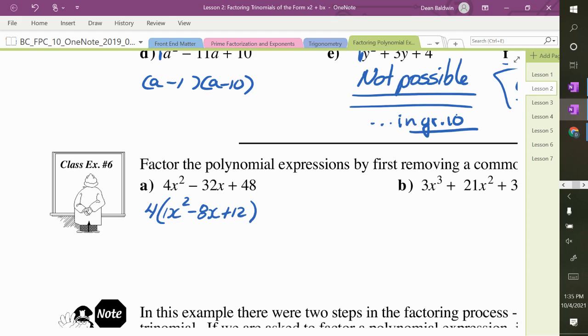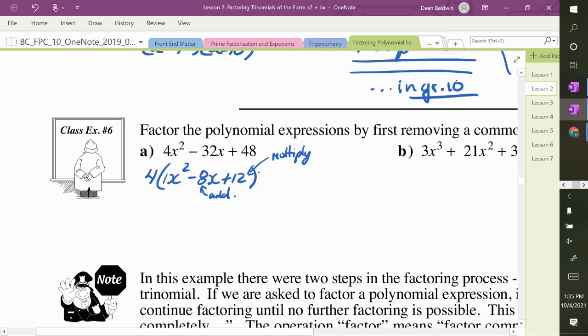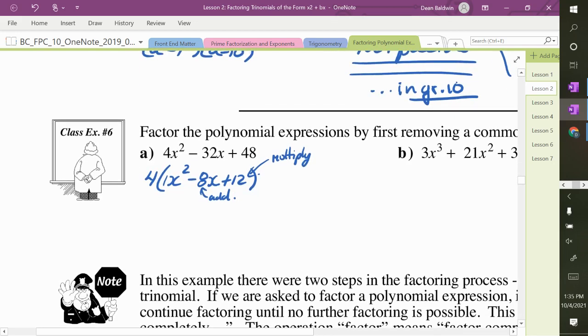So I'm looking for numbers that multiply to 12 and add to negative 8. What are they? Negative 6 and negative 2. The negatives matter. Okay? So you get x minus 6, x minus 2.